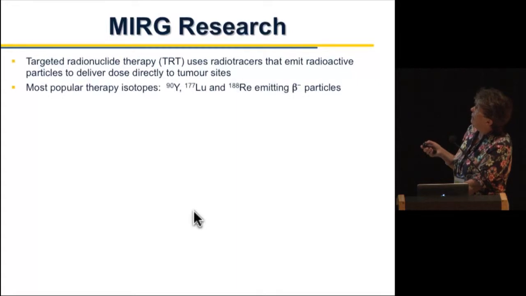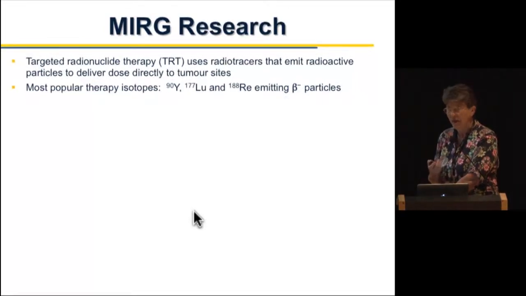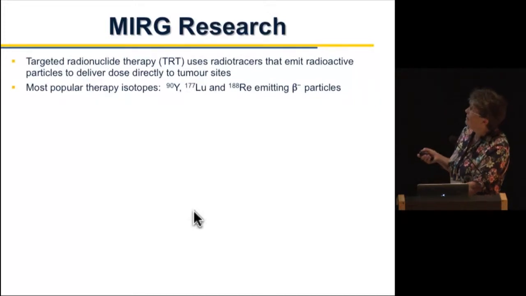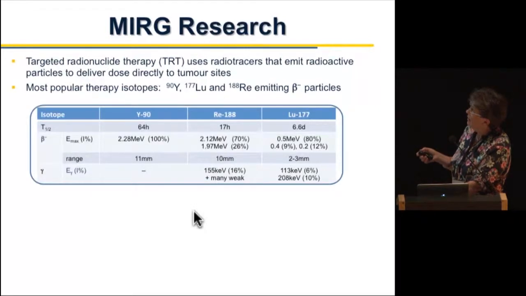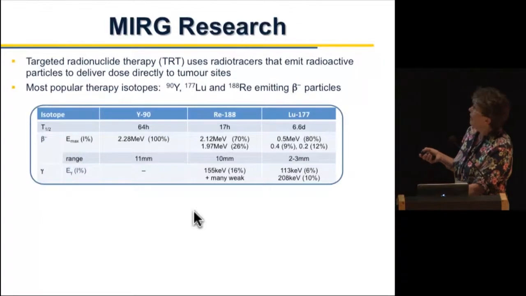The most popular isotopes are yttrium, lutetium, and rhenium. They all emit beta particles. It is very important to see where they went, and based on imaging, we want to do dosimetry. I'll be talking about this a little bit later. Those are the three popular isotopes. There are many others, and alpha particles are also being used.